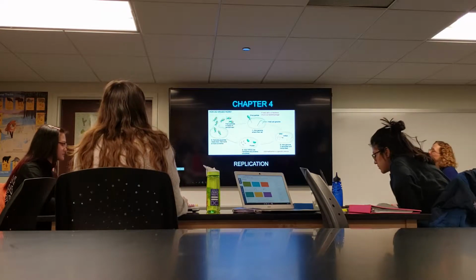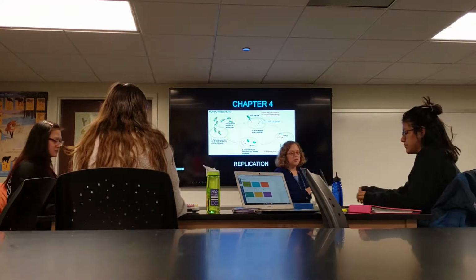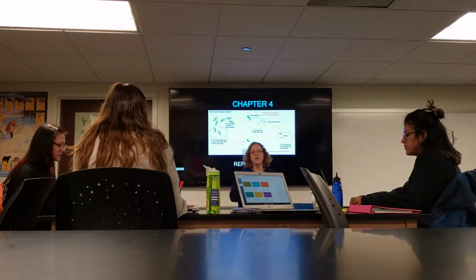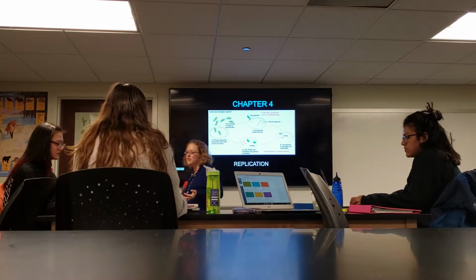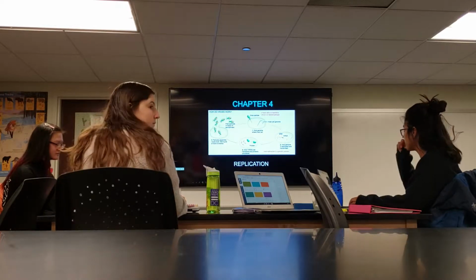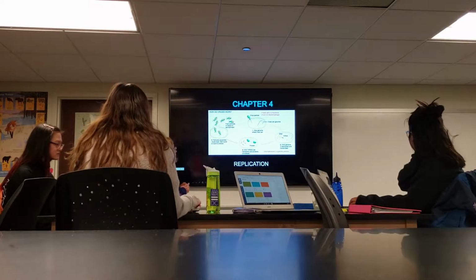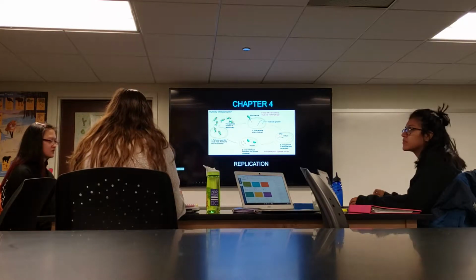So, Chapter 4, we are talking about replication. We went through Chapter 2, where we talked about all the protein capsids. We've gone through Chapter 3, where we talked about all the different genomes. So now we've put our two pieces of our virus together, and in Chapter 4 we're ready to start talking about the replication strategies.